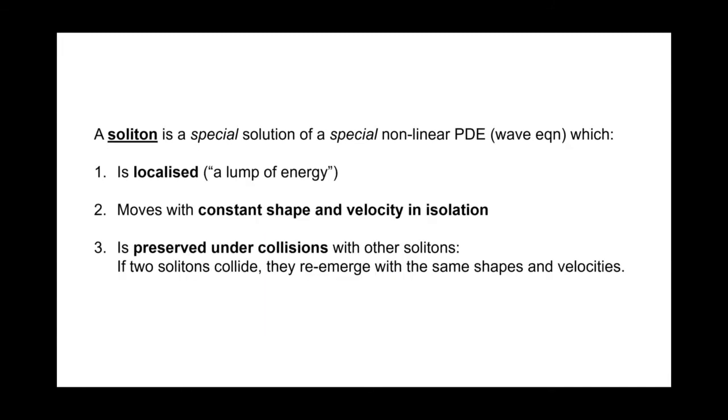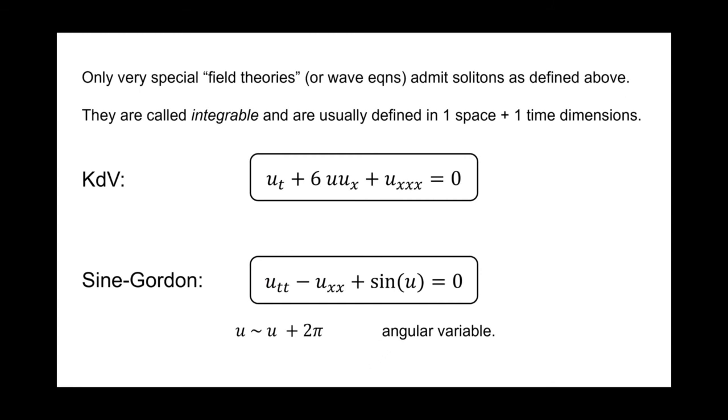Okay, to summarize, we said that the soliton is a special solution of a special nonlinear partial differential equation, which is localized, which moves with constant shape and velocity in isolation, and that is preserved under collisions with other solitons. So only very special field theories or wave equations admit solitons as defined above.